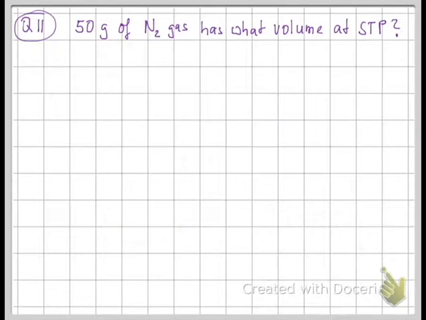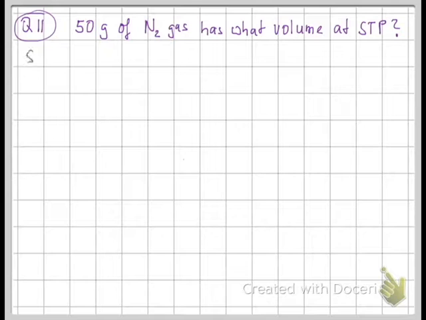Question 11. That one is a pretty cool one. It goes 50 grams of nitrogen N2 gas, basically has a volume of how many liters at STP. STP again is information that gives you what the temperature is and what the pressure is.